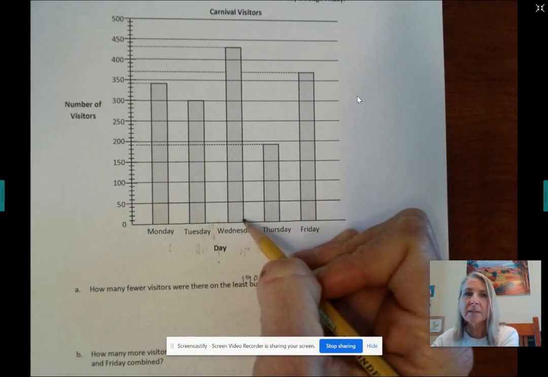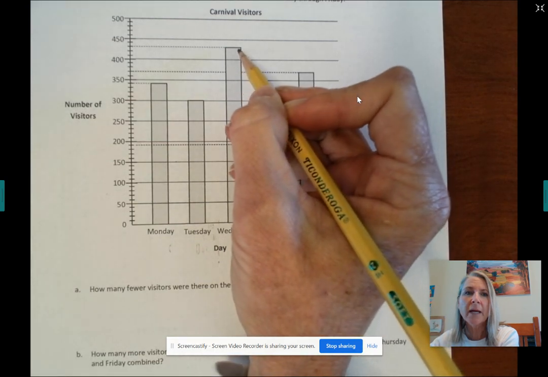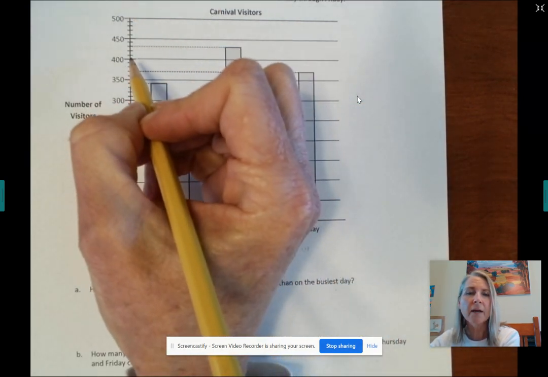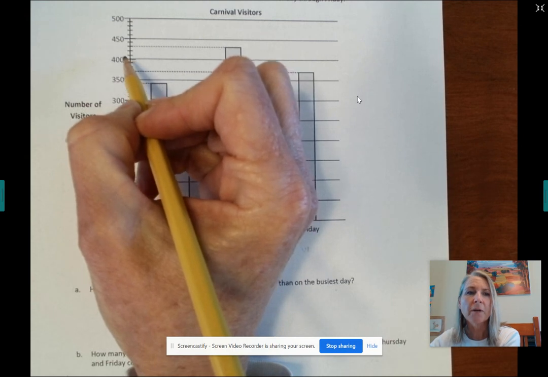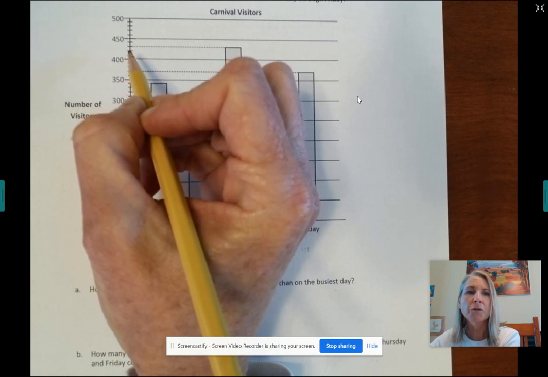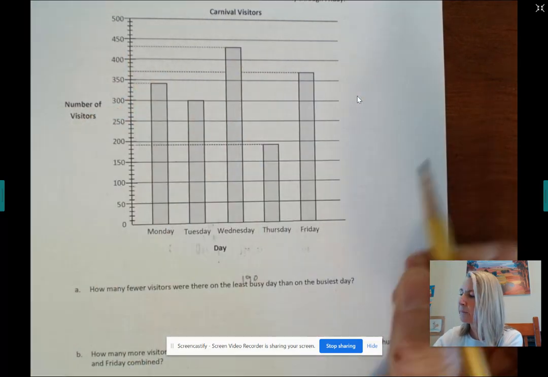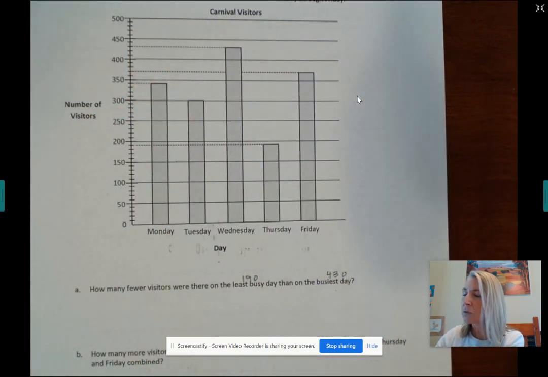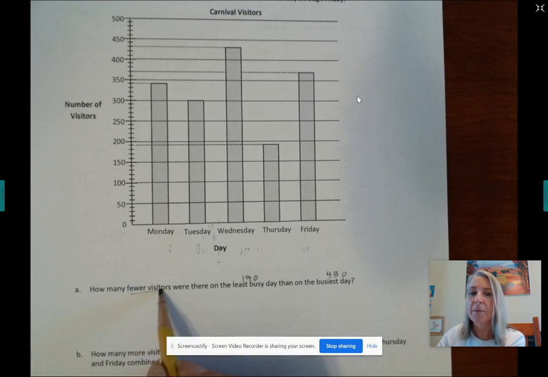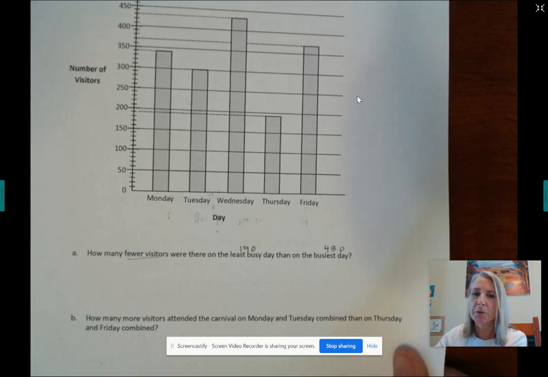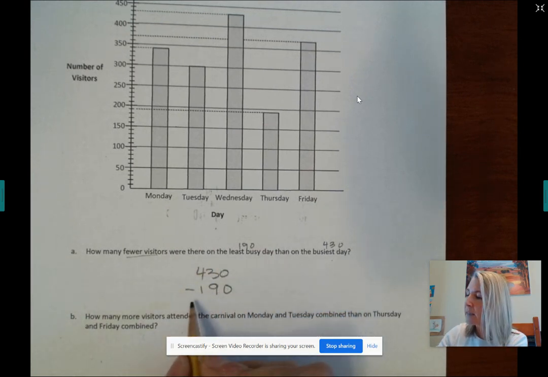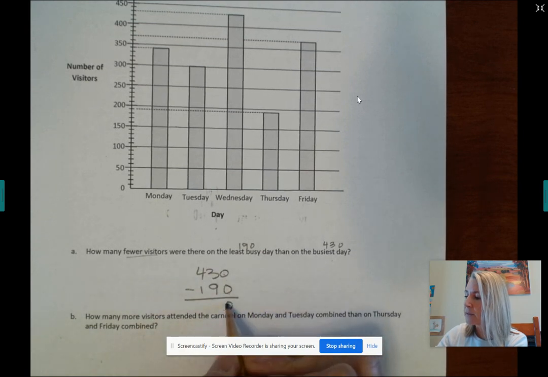would be Wednesday, right? So Wednesday is way up here, and they've already drawn a dashed line for us to help us, and it would go 400, 410, 420, 430. So if I need to find the difference between them, because they're asking for how many fewer visitors were there, I would need to take my 430 and subtract my 190 to find that difference.